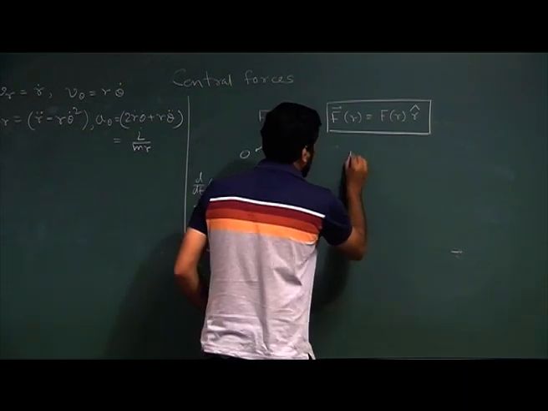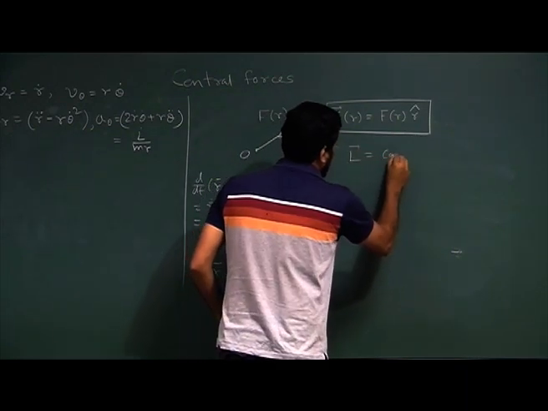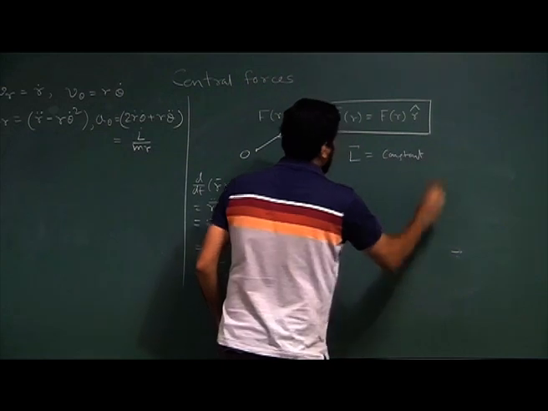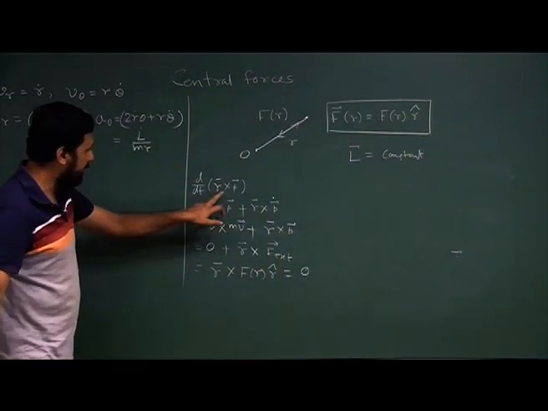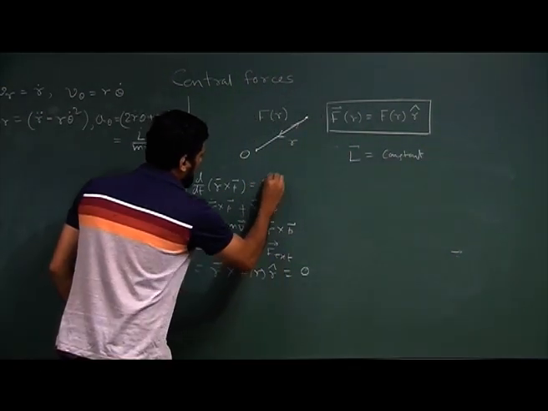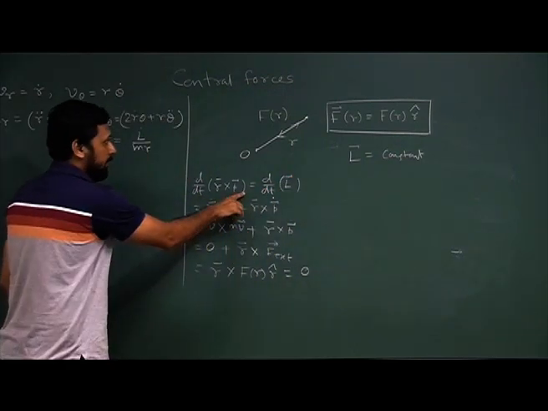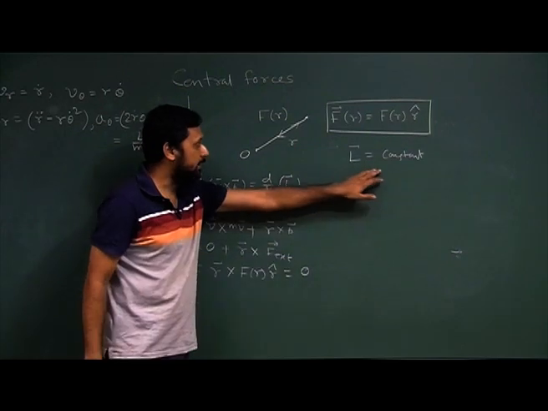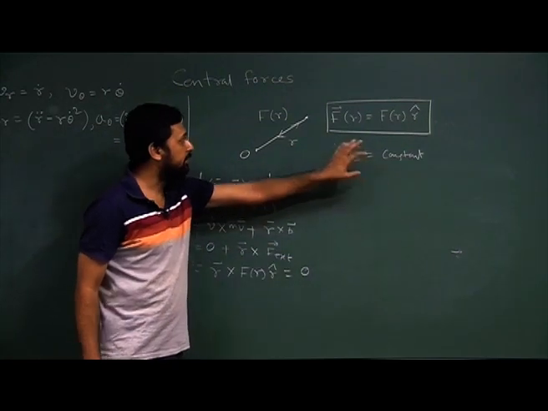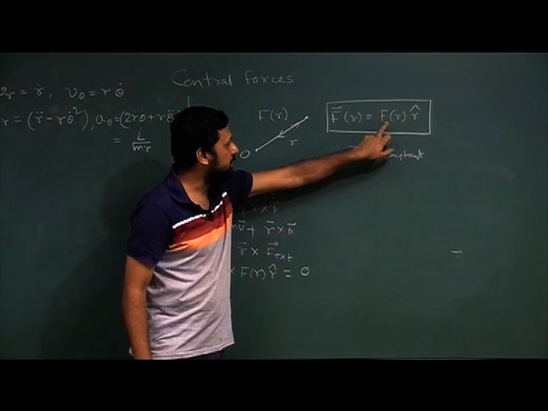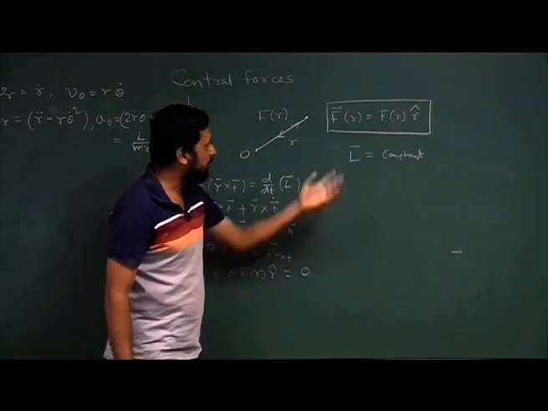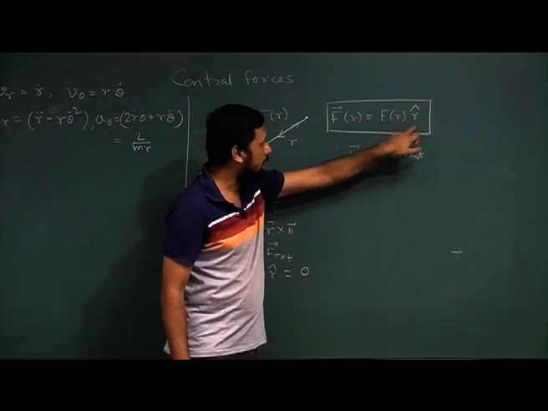L is equal to a constant. And this is a vector equation, d dt of L, which is r cross p, and that gives us L is a constant, does not matter what is the particular form of this function f of r, because it is pointing only along r.